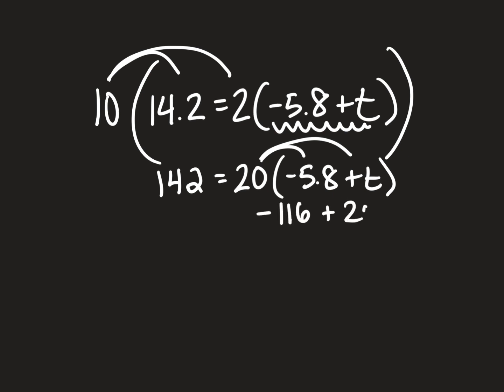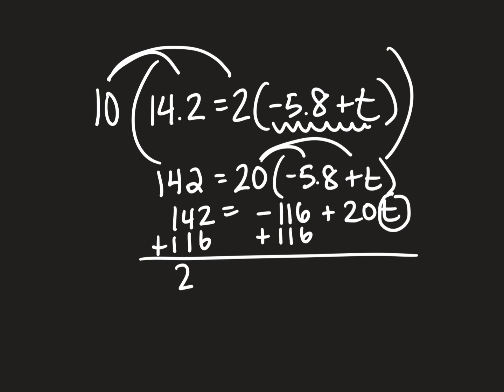116 plus 20t. And when I have this written down, I'm looking now at the t being isolated, so I have a two-step equation here. I'm going to add the constant 116 to both sides to get 258 is equal to 20t.